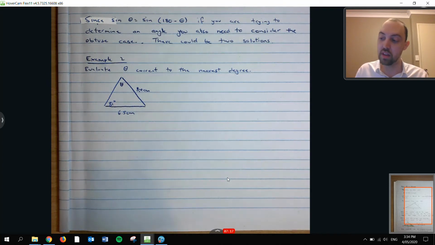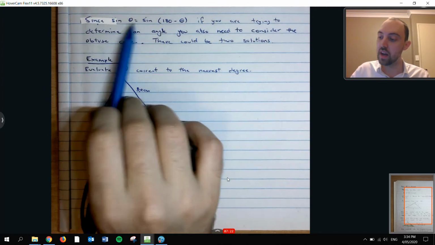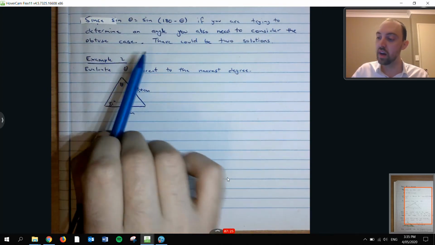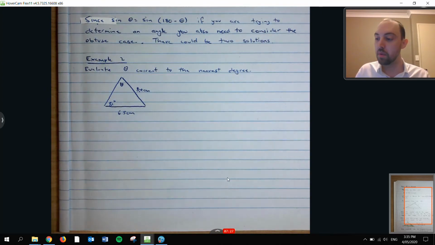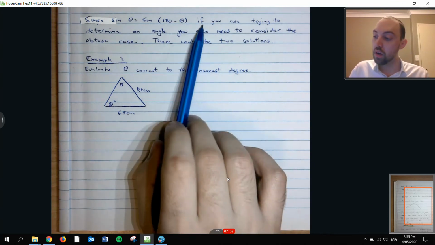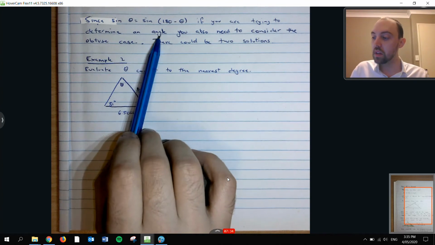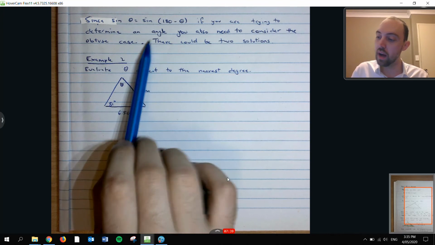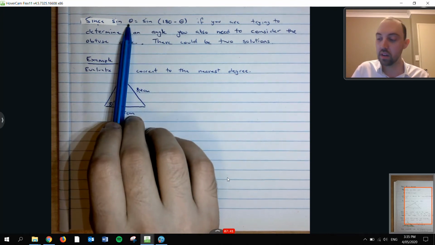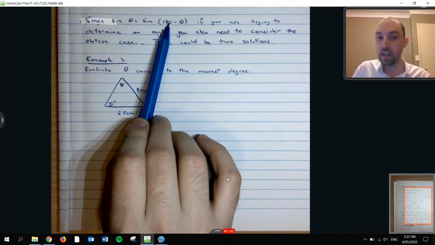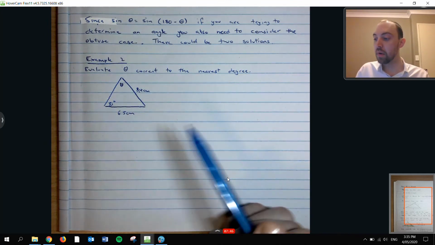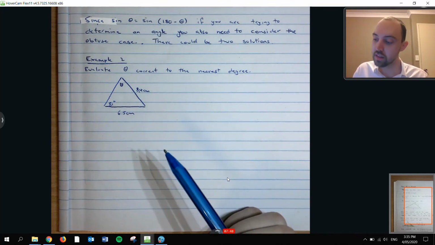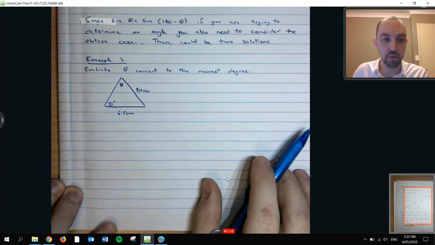It doesn't necessarily mean that there are always two solutions, but because sine theta and sine of 180 take theta are the same value, you might need to go back to your unit circle to remember that. So if you're trying to get your angle and you're doing the inverse of sine, there are actually two cases. One where you have the angle that you get from your calculator, and then 180 take that angle is another possible value. And let's see that in action for example 2.